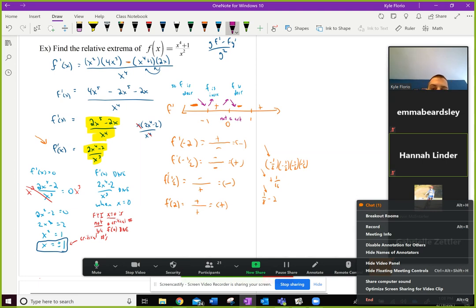So this is not going to be an extrema, and we'll see in a second why. Even though we had a sign change, it wasn't a critical number. But the function did go from increasing to decreasing, and at 1 it went from decreasing to increasing again. So we have another relative min. So my function has 2 relative mins but no relative maxes.